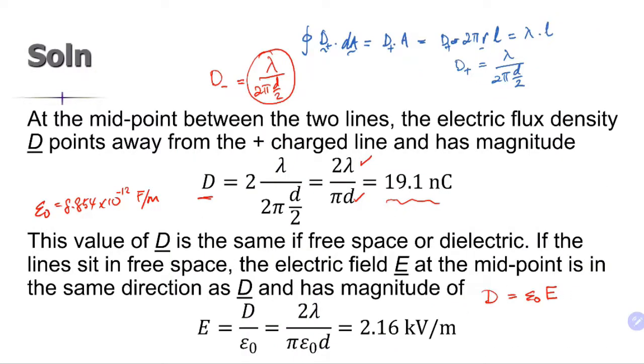Then we just make use of the relationship D equals epsilon r epsilon naught E, meaning we're going to divide these results by epsilon r. So this electric field will reduce by epsilon r of the dielectric material.